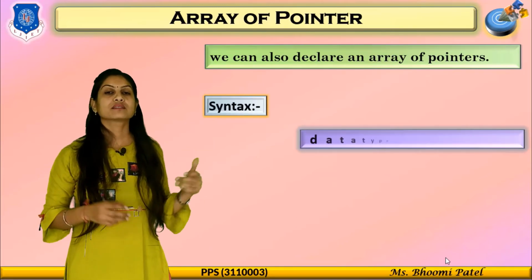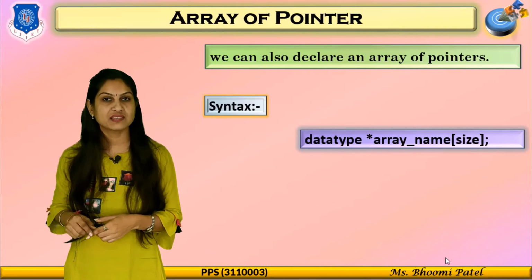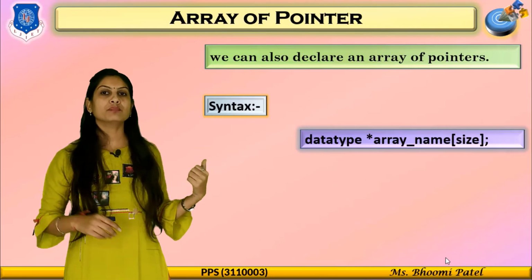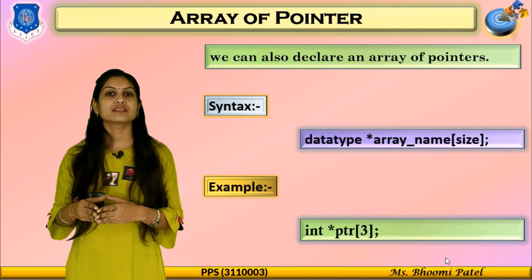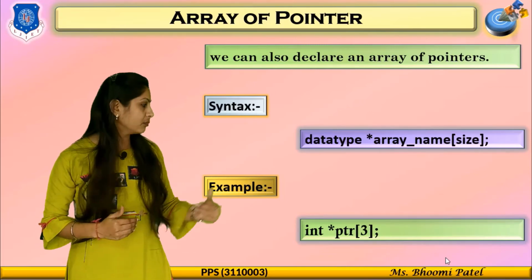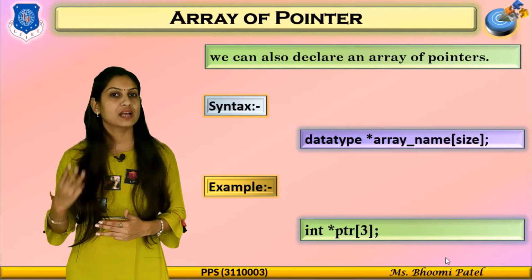Using the syntax: data type, then *array name, and then specify the size in square brackets. So here I am taking the example int *ptr[3], and the meaning of this statement is what? Here ptr is nothing but one array having 3 pointer elements.